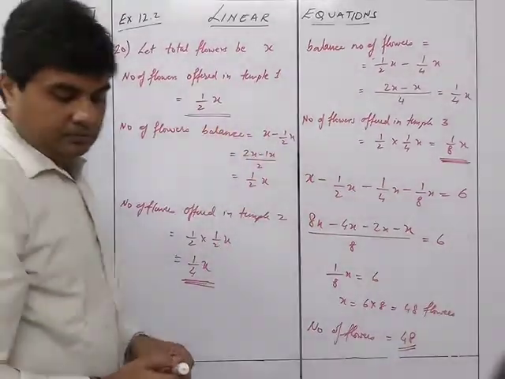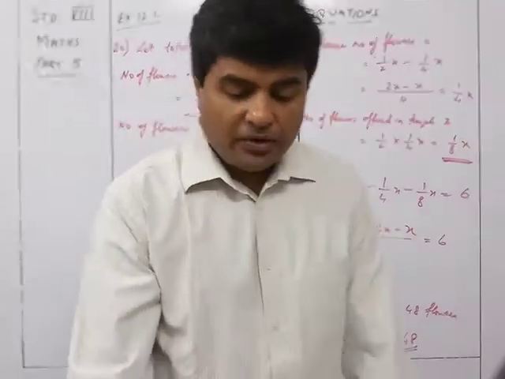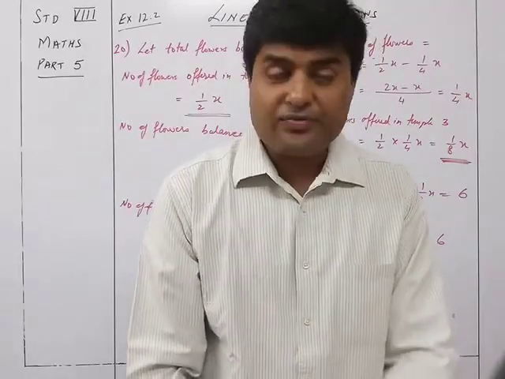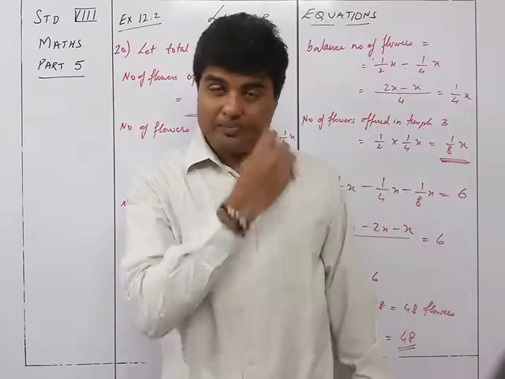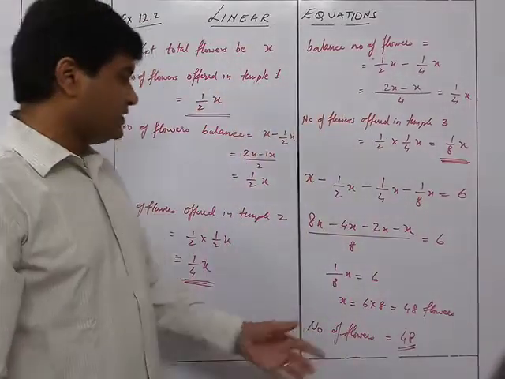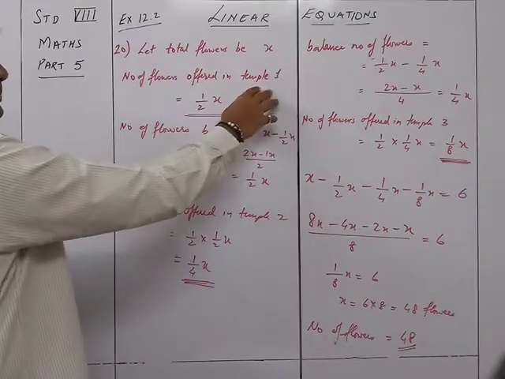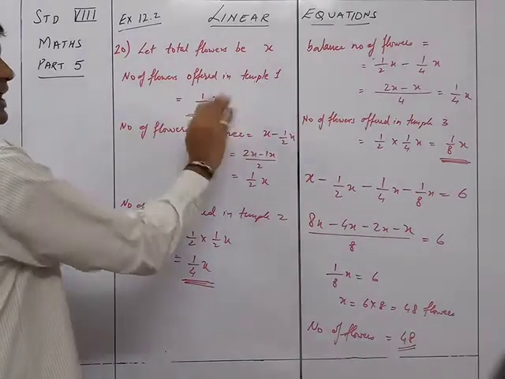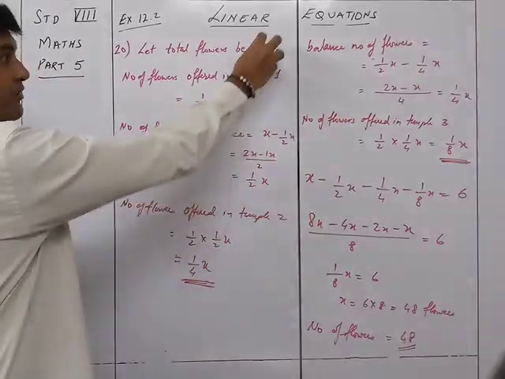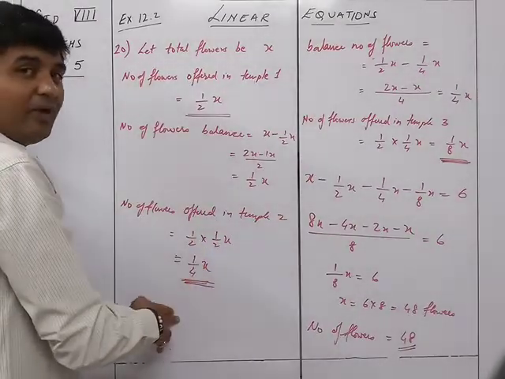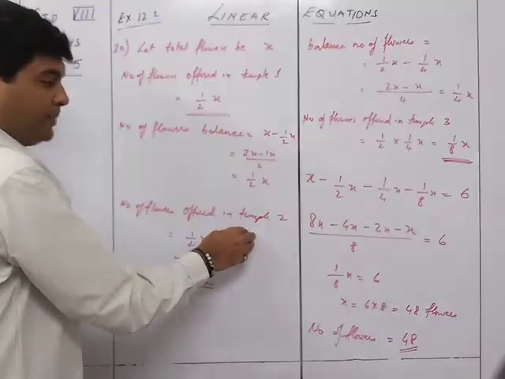So Shakshi had got 48 flowers with her when she started from her house to go to the 3 temples. Okay, so this is how we are going to do this. We are taking this as x, half of that has gone to the first temple. After that, how much is left? Half. From the full, half went, so half is left. From that half, we remove half again, so you get 1/4, which is offered to temple 2.